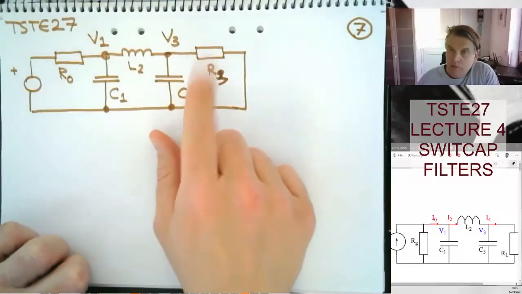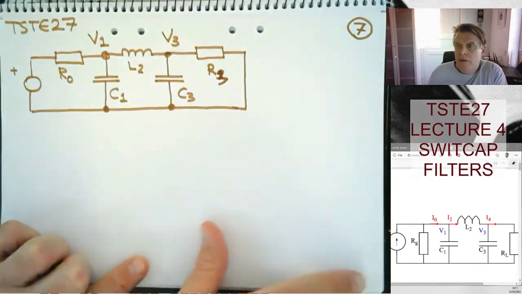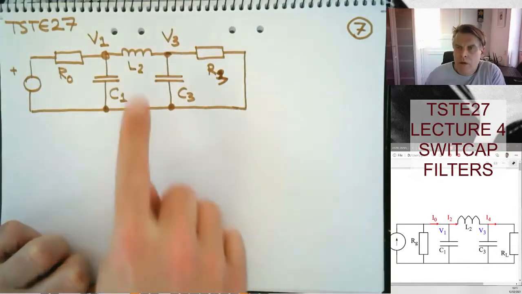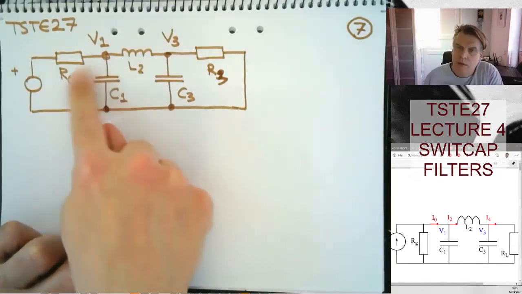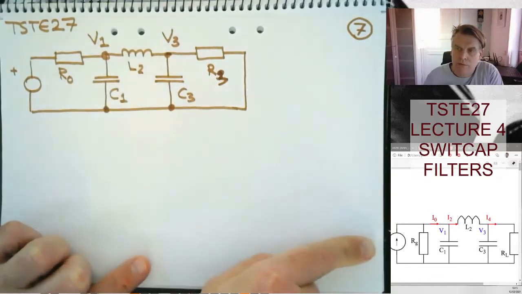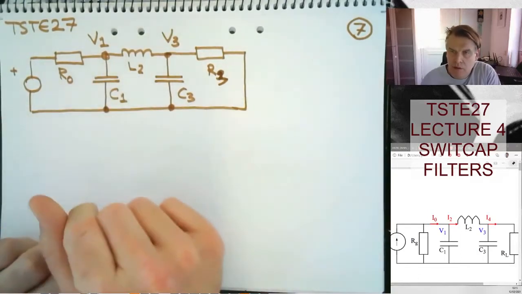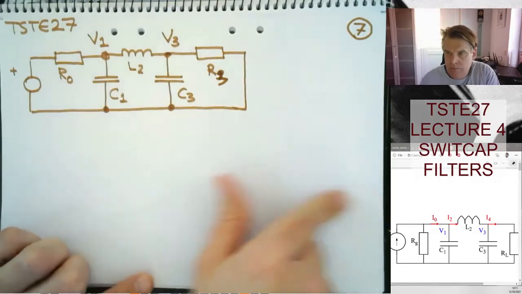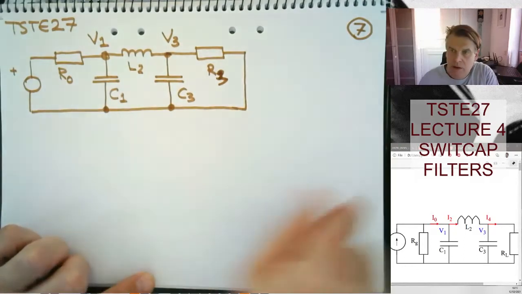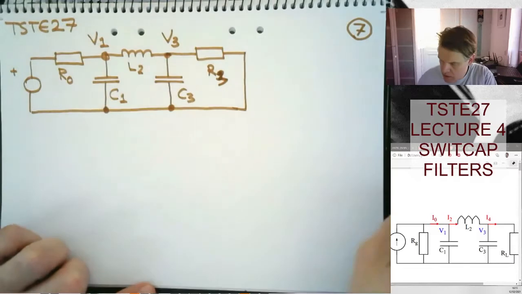Okay, so I've drawn a ladder filter, same as down here, in a slightly different format. We just made a Norton equivalent version, and here I use a Thevenin equivalent version. This is a little bit more symmetric the way it's drawn, so never mind.